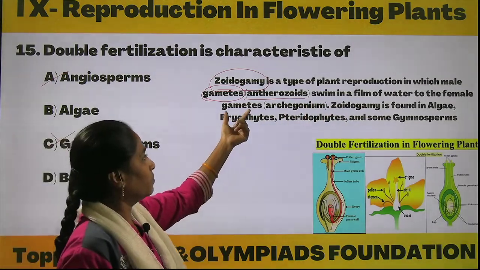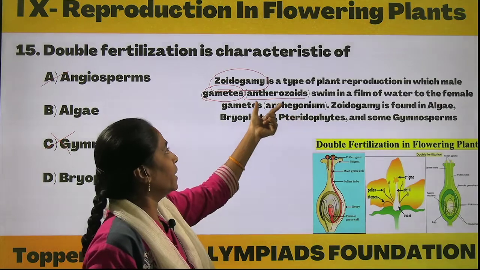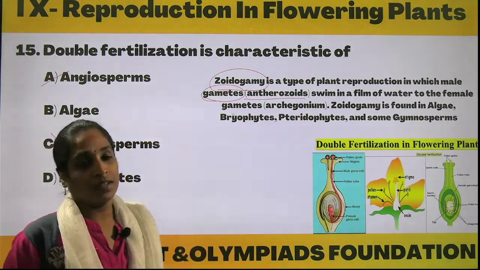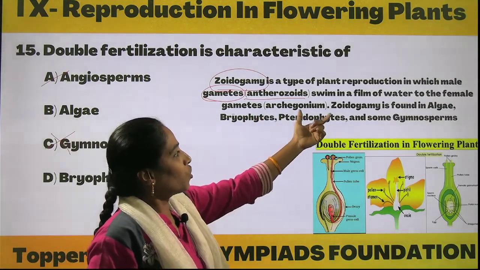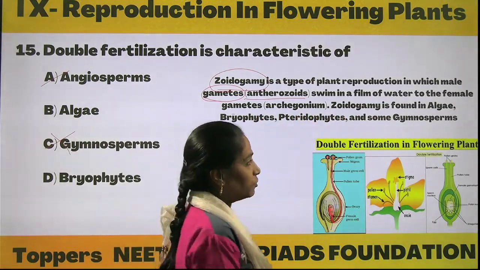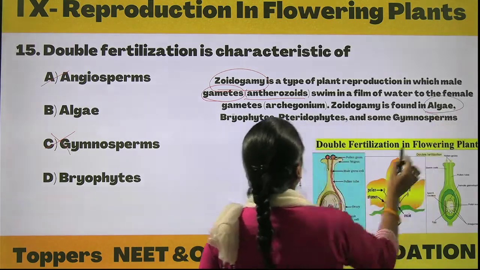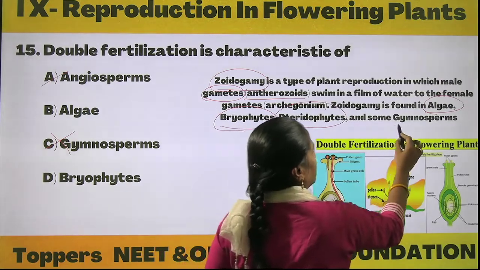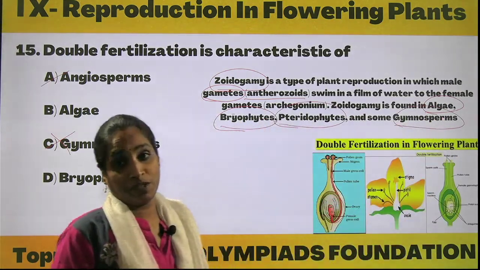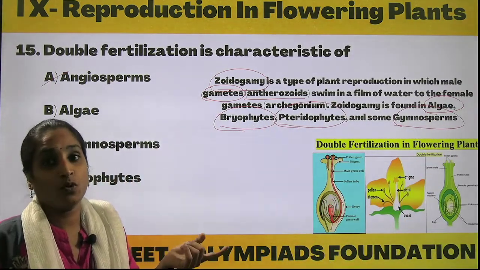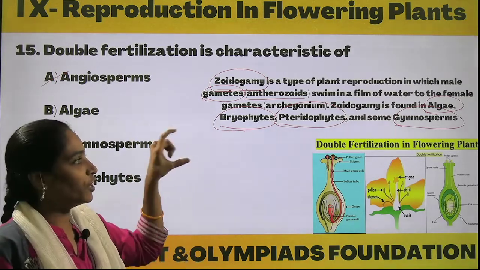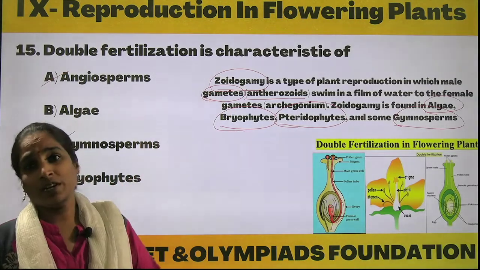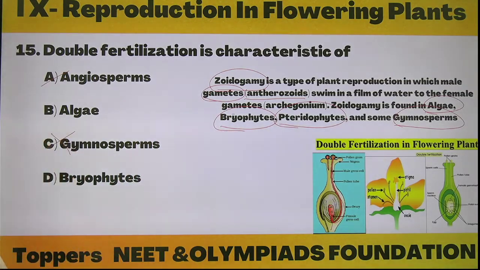The female gametes are the archegonium, the male gametes are the antherozoids. Zoidogamy is found in algae, bryophytes, pteridophytes, and in a very few gymnosperms. We discussed previously that gymnosperms show porogamy, but not in all. In very few gymnosperms we can observe zoidogamy, a type of fertilization process.